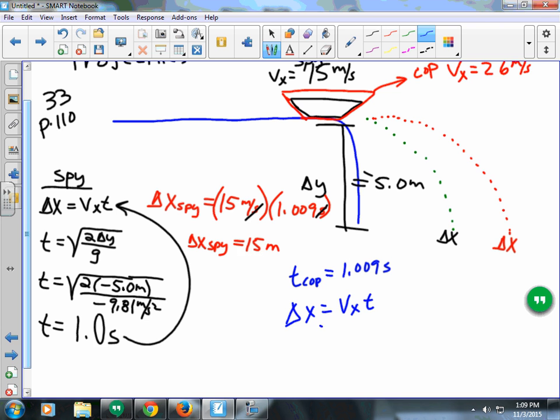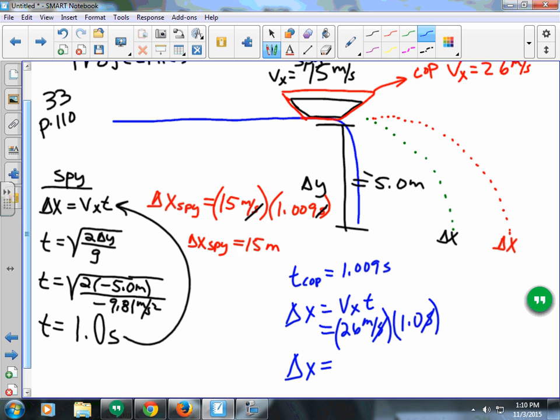And then the difference is 11 meters. Are we sure? Yeah, they're right, because they both have the same delta y and the same g. It's going to be the same time for both of them. So the difference is 11 meters. See what I mean? They are right.